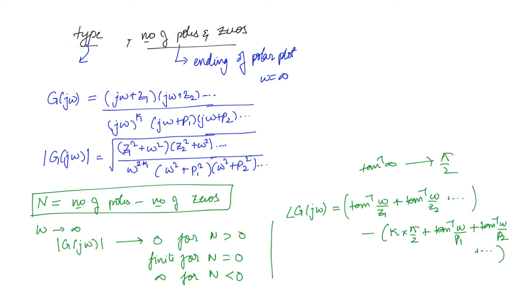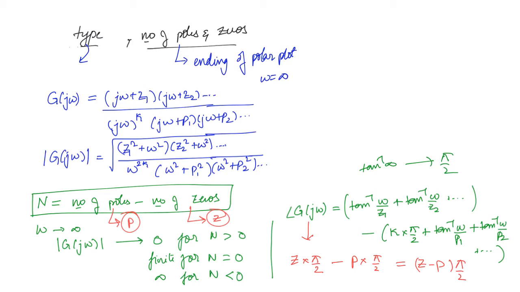So now what will be the phase? If you consider the number of poles to be, let us say, P, and the number of zeros to be Z, then the phase will simply be equal to the number of zeros Z into pi by 2, because each zero term will contribute pi by 2, minus P into pi by 2, because each pole will contribute pi by 2 phase. So this will be equal to (Z minus P) into pi by 2.